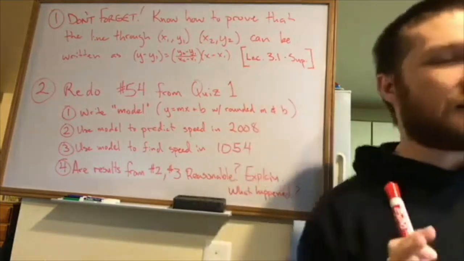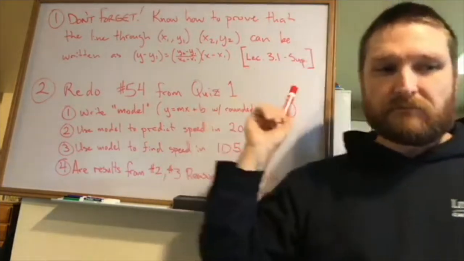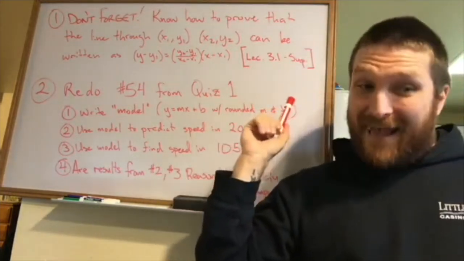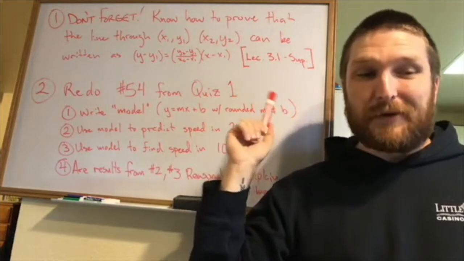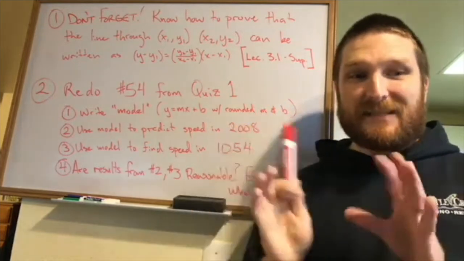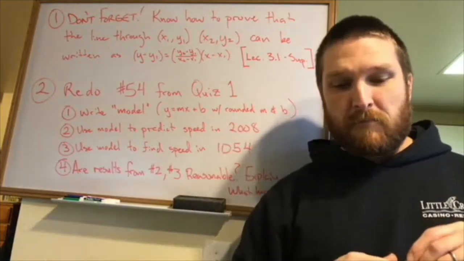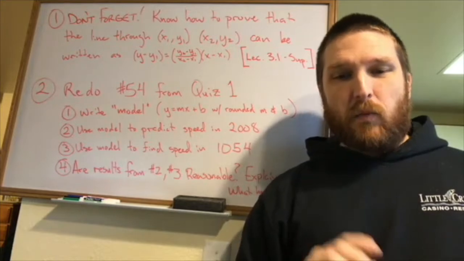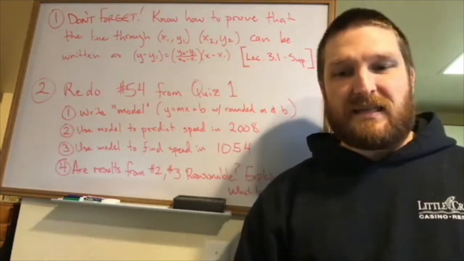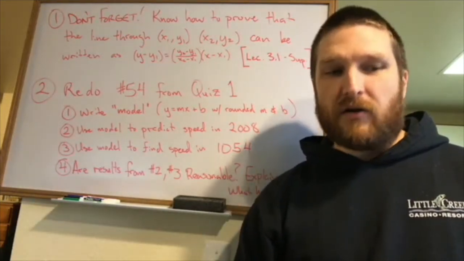If you just do exactly what I did in lecture 3.1, then that is what I'm looking for. My whole point is that you can do it on your own.